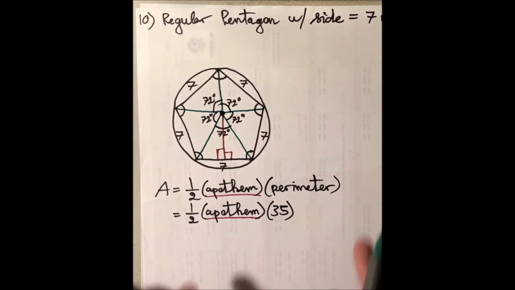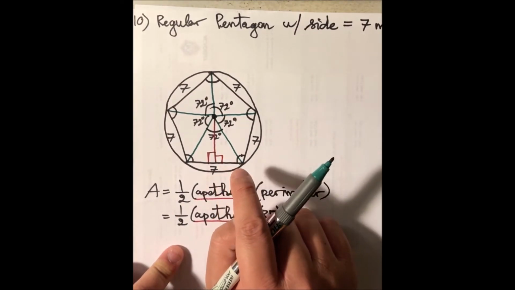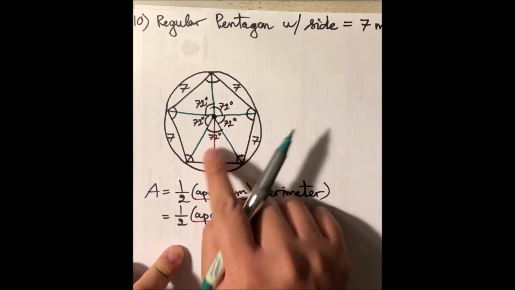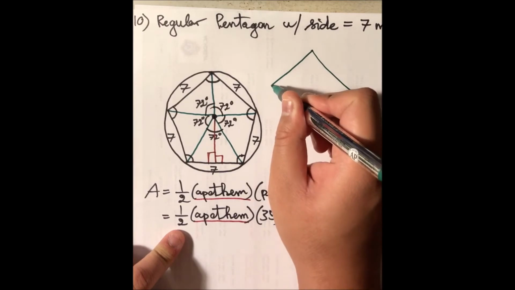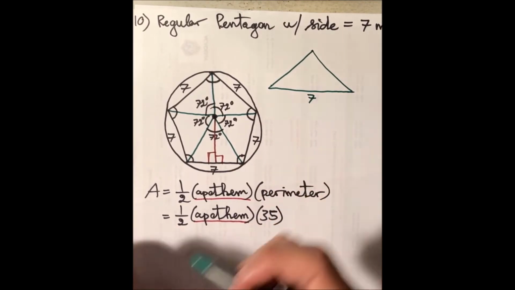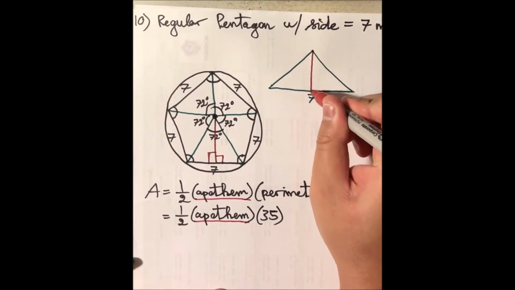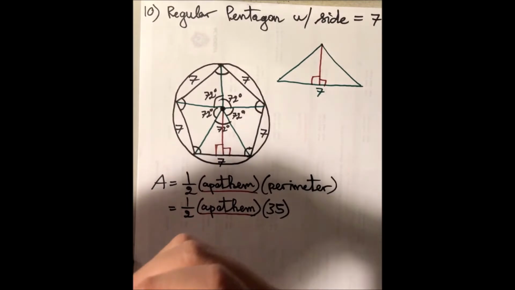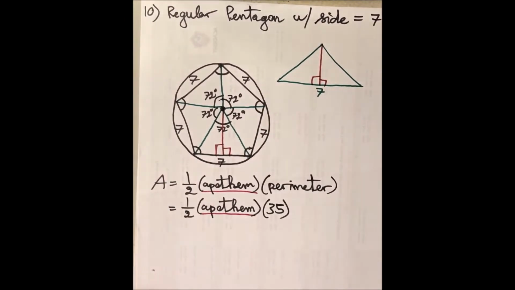Let me draw a picture of the entire triangle first. Like that. So this is 7, and this is the apothem, and this is 72 degrees.